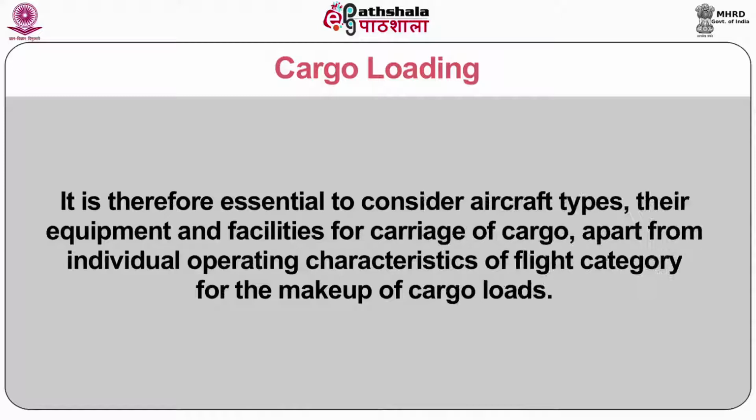It is therefore essential to consider aircraft types, their equipment and facilities for carriage of cargo, apart from individual operating characteristics of flight category, for the makeup of the cargo loads.